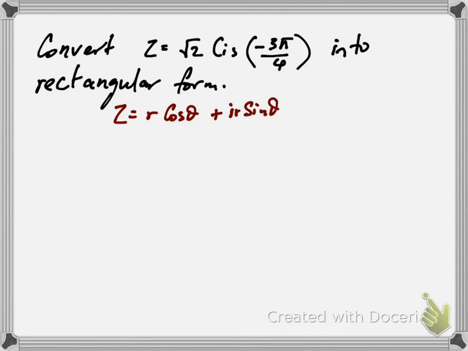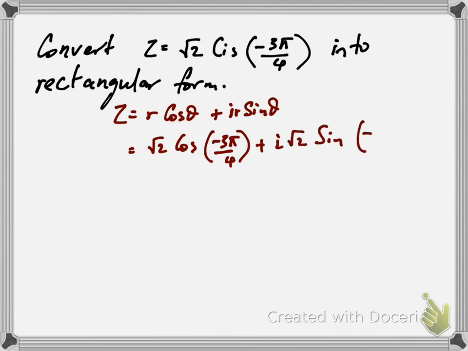And so if you substitute, you end up with square root 2 cos of minus 3 pi over 4 plus i square root 2 sine minus 3 pi over 4. Make sure your mode in your calculator is in radians.